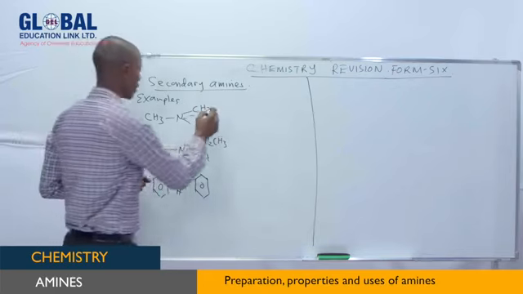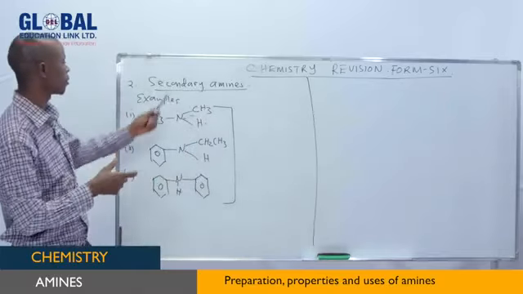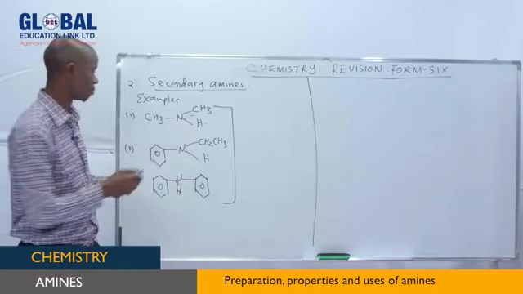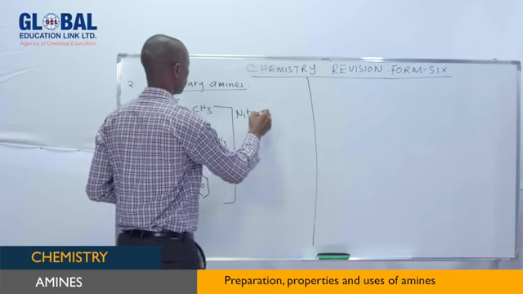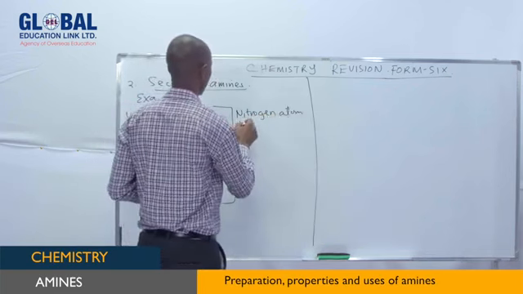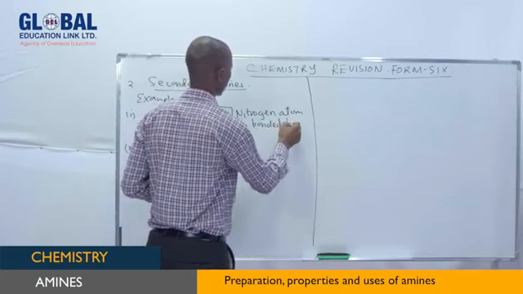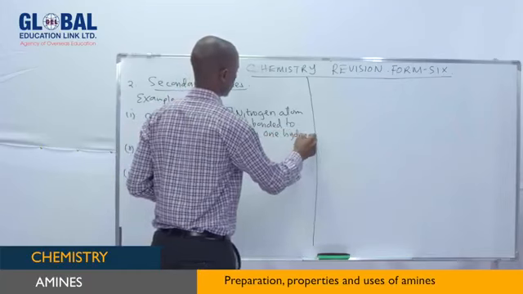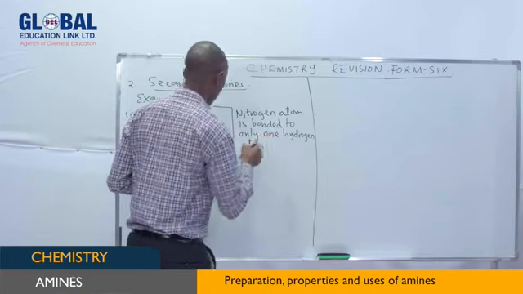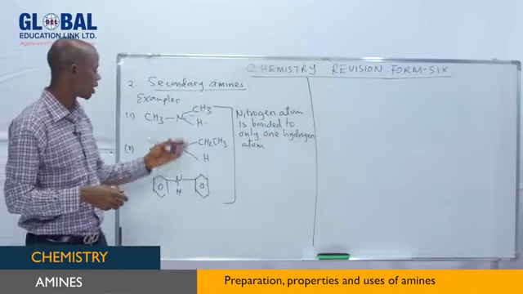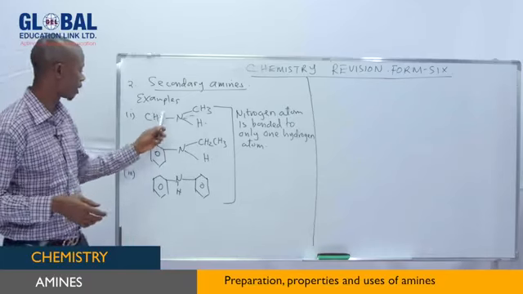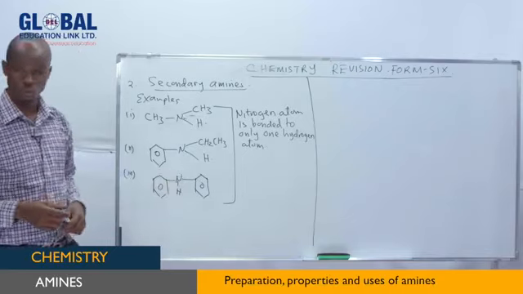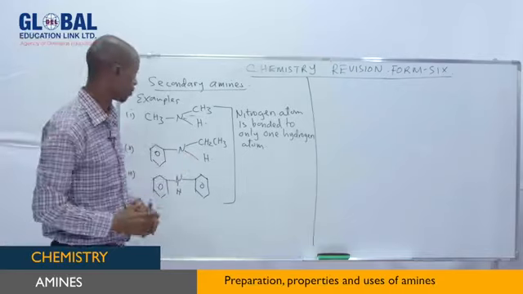So from here, we can say that in secondary amines, the nitrogen atom is bonded to only 1 hydrogen atom. That means 2 hydrogen atoms have been replaced by either 2 alkyl groups, or 1 aryl group and another alkyl group, or 2 aryl groups. This is all about the secondary amines.